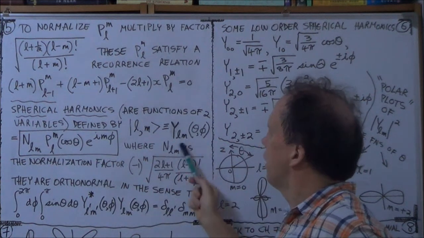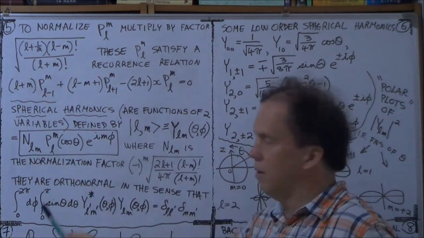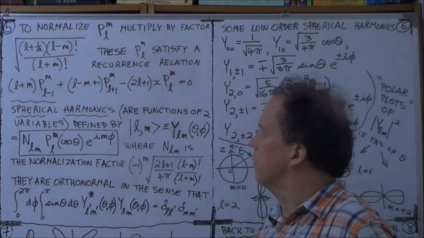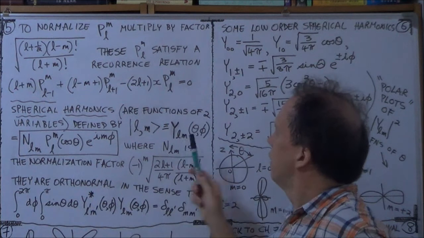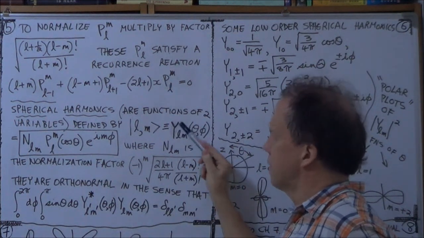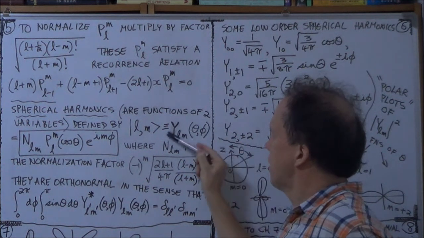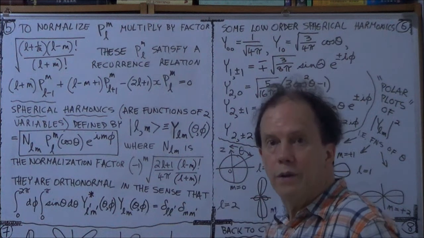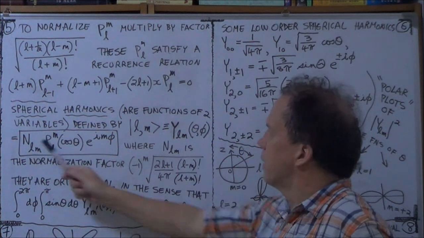This Y_Lm is just this, right? And this factor here is just for normalization. So when you integrate two different Y_Lm's, you can make these spherical harmonics orthonormal. So that's where you use this.